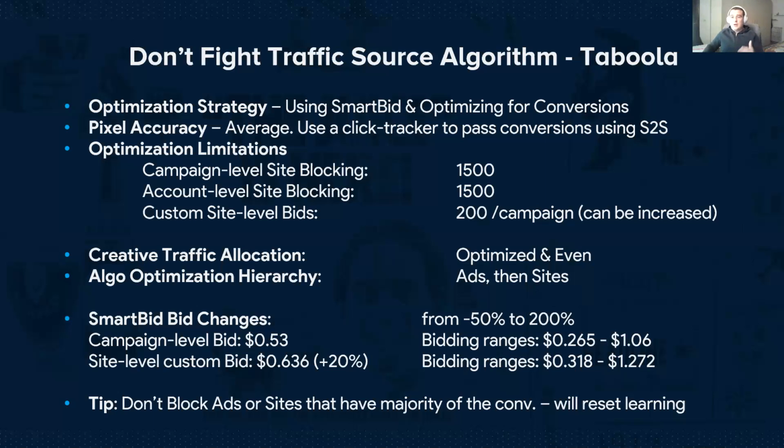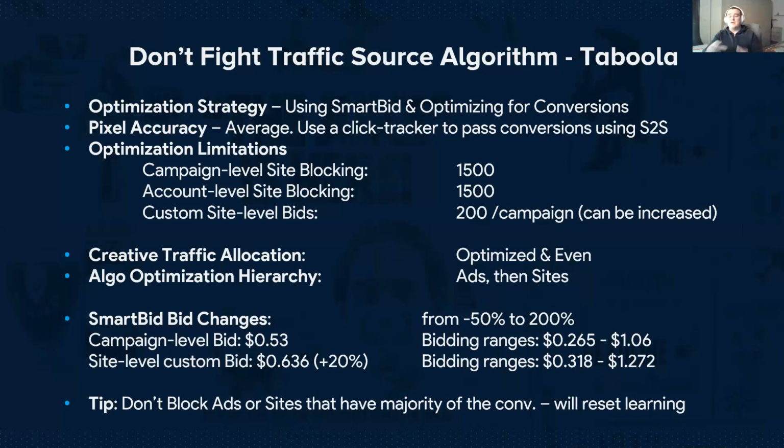So if you find yourself in a situation where you have reached the maximum of 1,500 blocked sites on the campaign level and you need to block more, the first thing you can do is move the worst performing sites, those you don't want traffic from on any type of campaign or vertical, to the account level. Then, by removing them on the campaign level, you get more room for campaign level blocking.